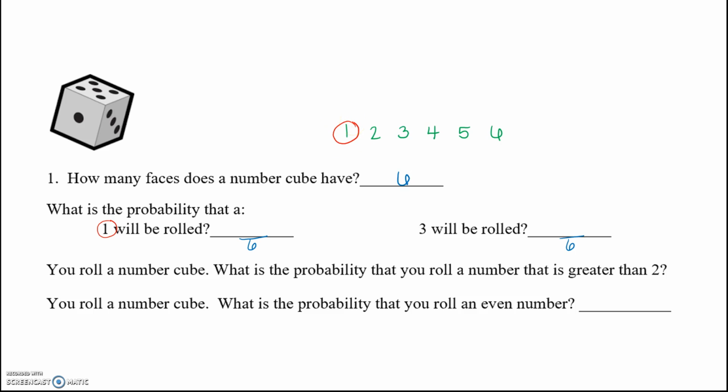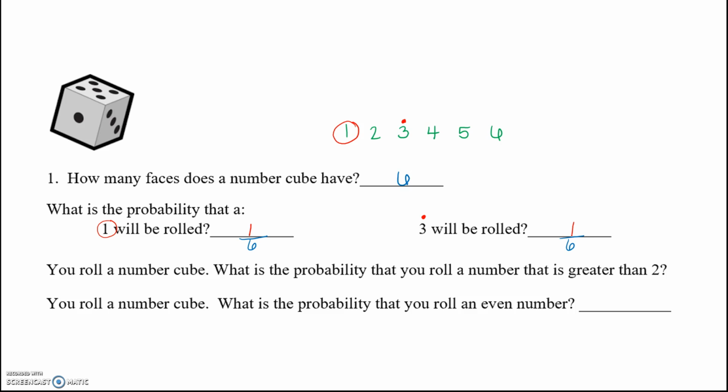So how many 1s are there? There is 1 one. So the probability of rolling a 1 is 1 over 6. Okay. What's the probability of a 3? There is only 1 three, so it's 1 out of 6 as well.